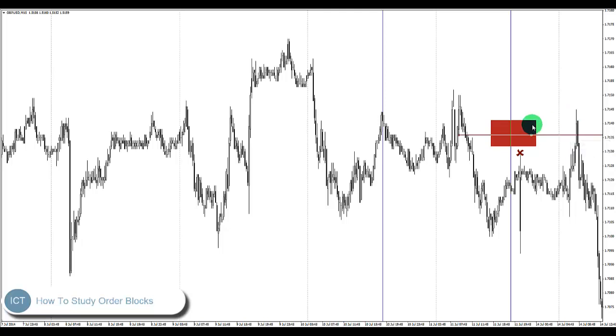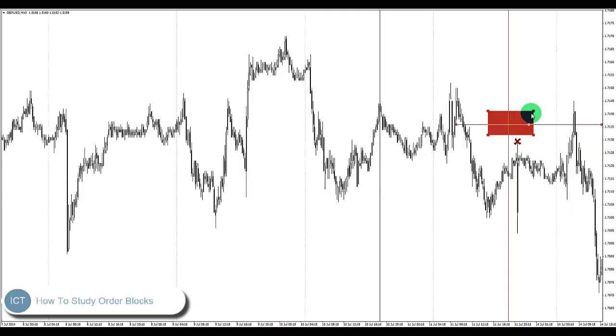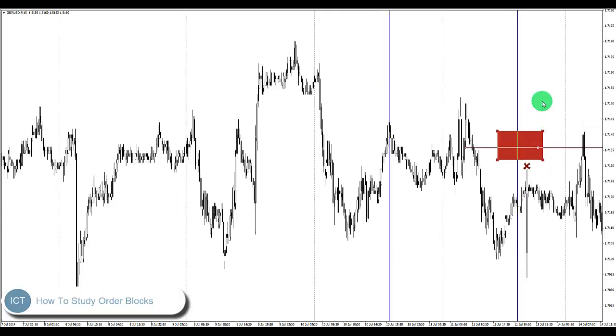Notice also that we are still inside of the optimal trade entry range in here. You see that? That's what that box was left there for. And we also blew out this short-term high right in here.